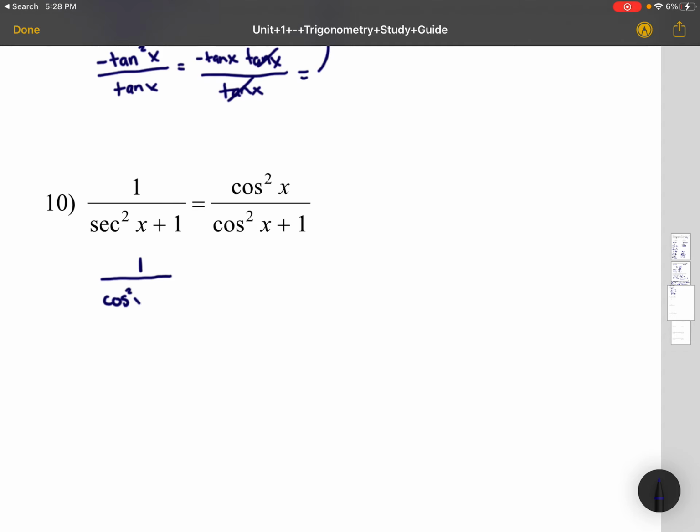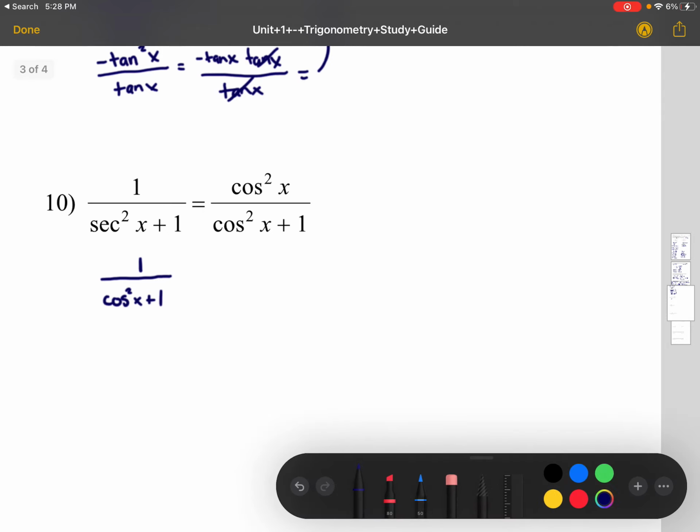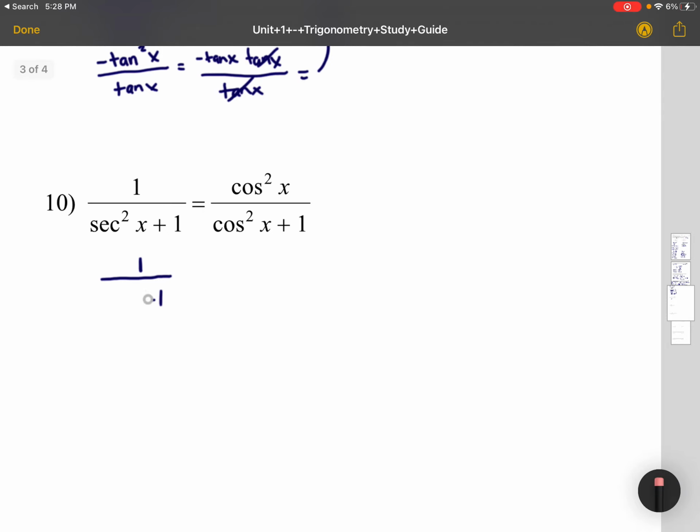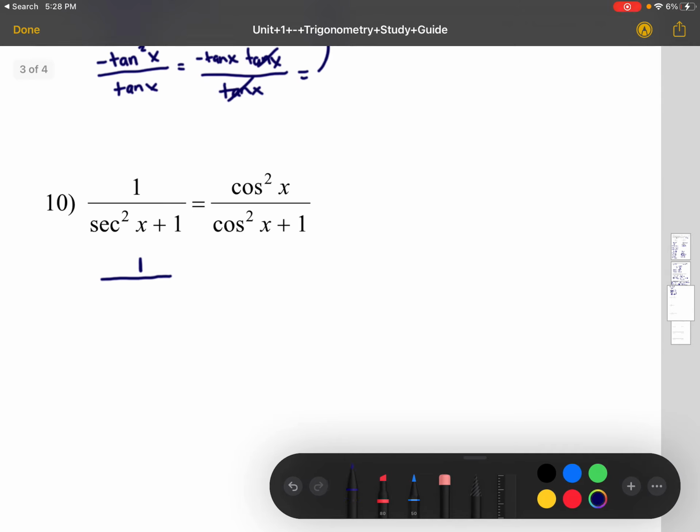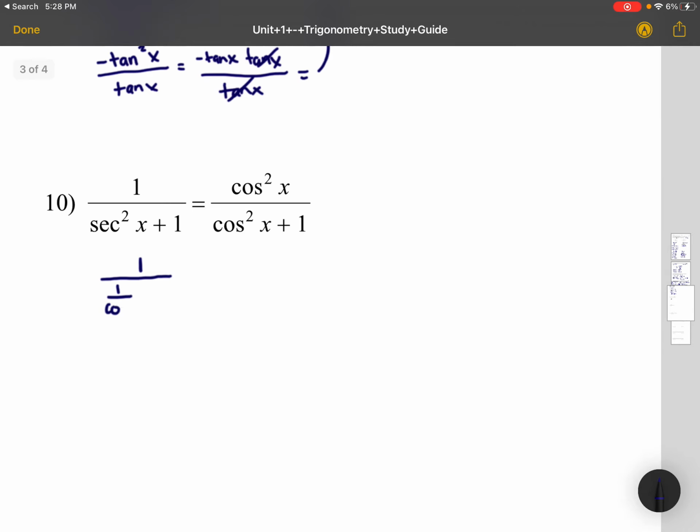So we get 1 divided by cosine squared x plus 1. I'm sorry, that's not correct. Mr. Martin, you lied. It is 1 divided by 1 over cosine squared x plus 1. And now that's going to equal this thing on the right.